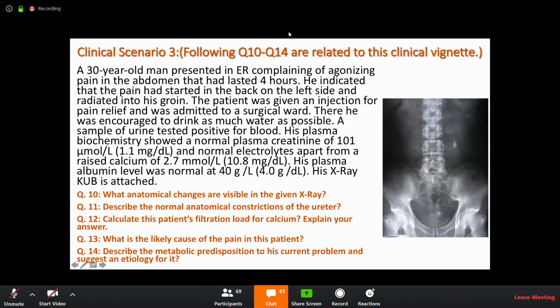So the distension due to obstruction and the stretch of the smooth muscle will result in this pain. I hope I'm clear with this answer. If it's not clear, please write it on the chat box so I can come up with more.